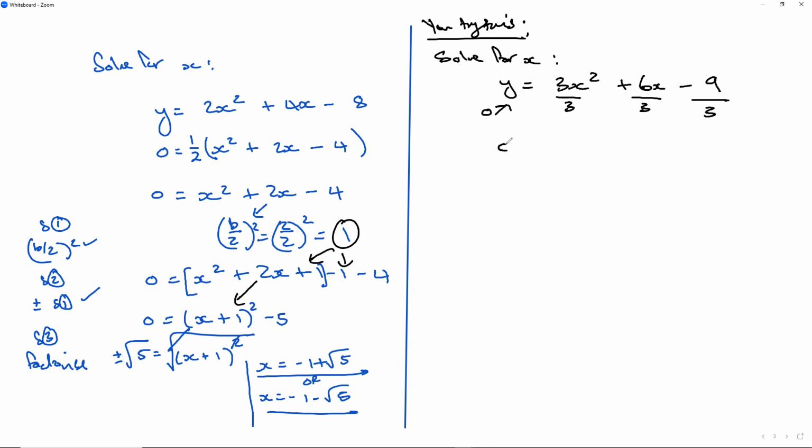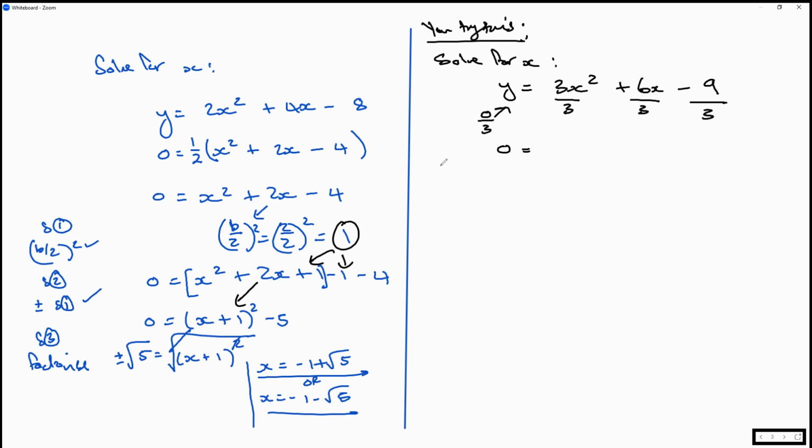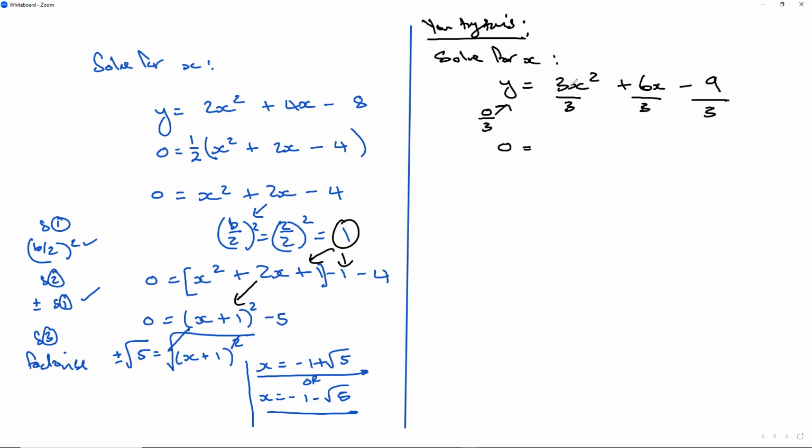So that's going to become 0 equals to, now if I divide this side by 3, I can simply remove everything. I can divide everything and that will leave me with x squared plus 2x minus, and 9 divided by 3 is 3.